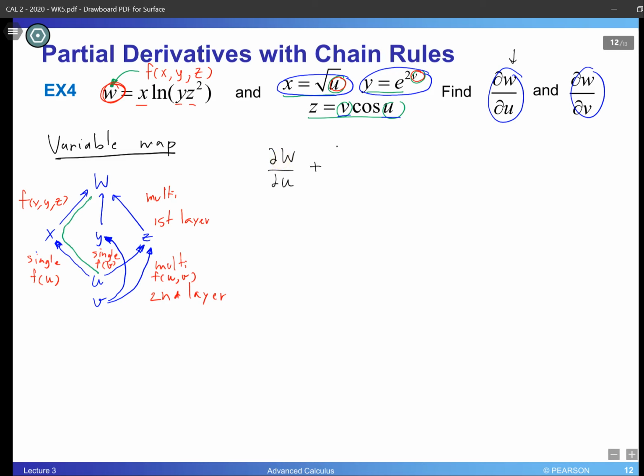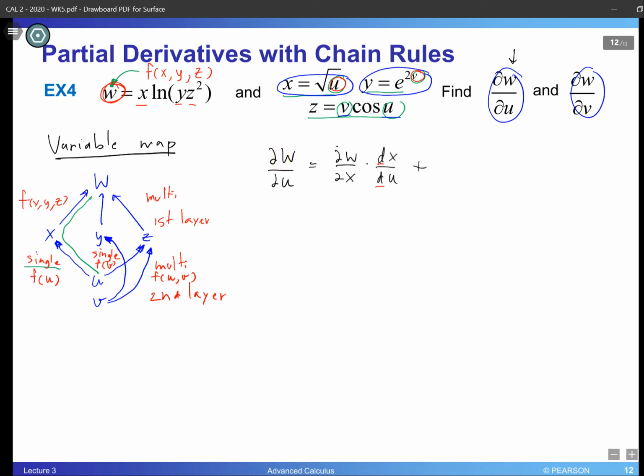dw, this is the change of w with respect to x, and then change of x with respect to u. That is the first path. Once again, I use this regular diff because we are working with a single variable function for the second layer. Now let's check whether we have other terms for this expression.